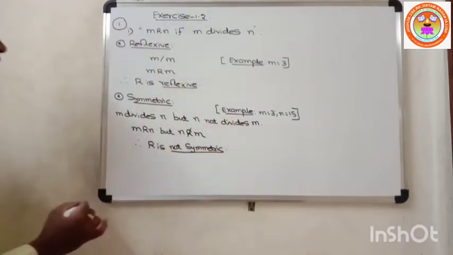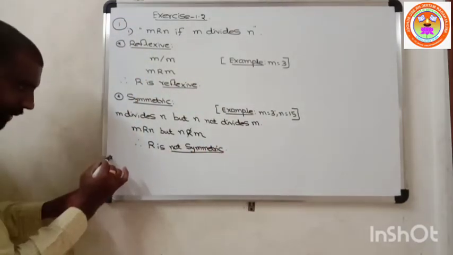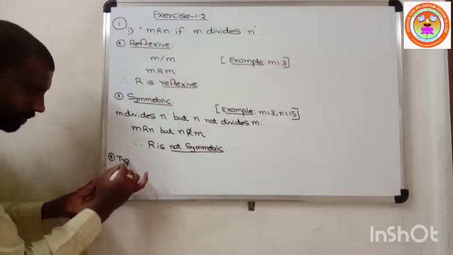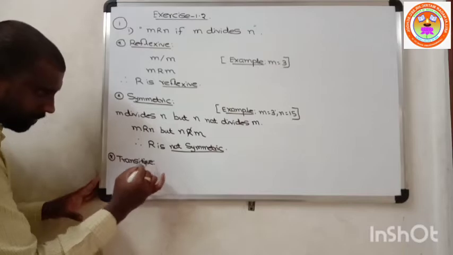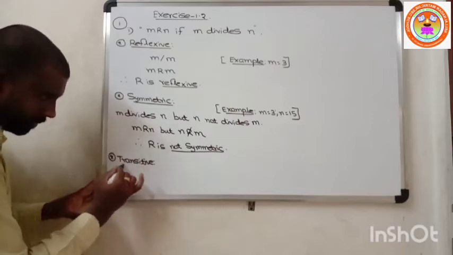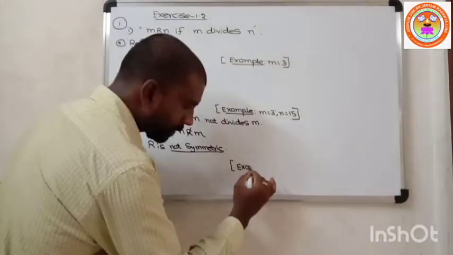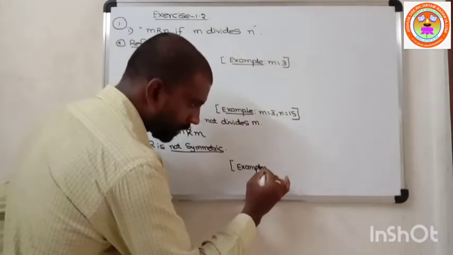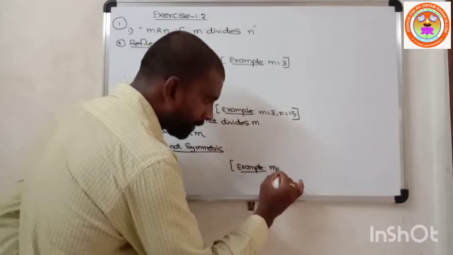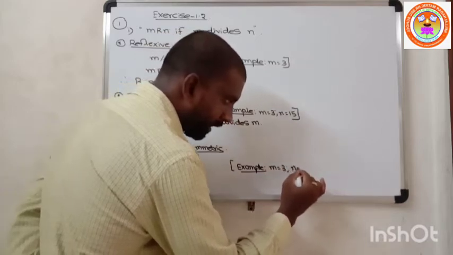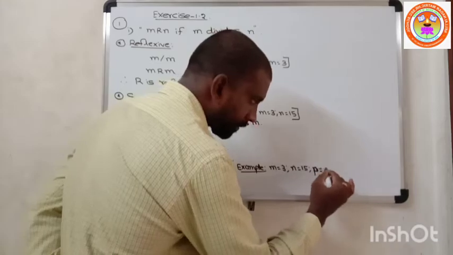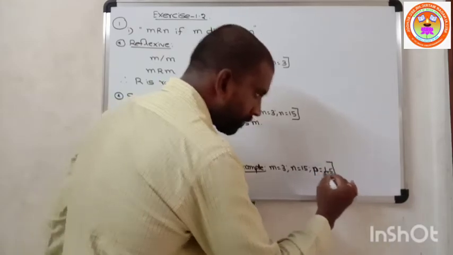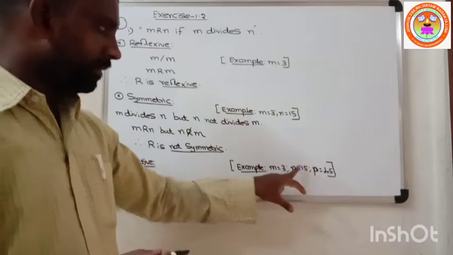Third one, transitive. m, n, p: 3, 15, 45.